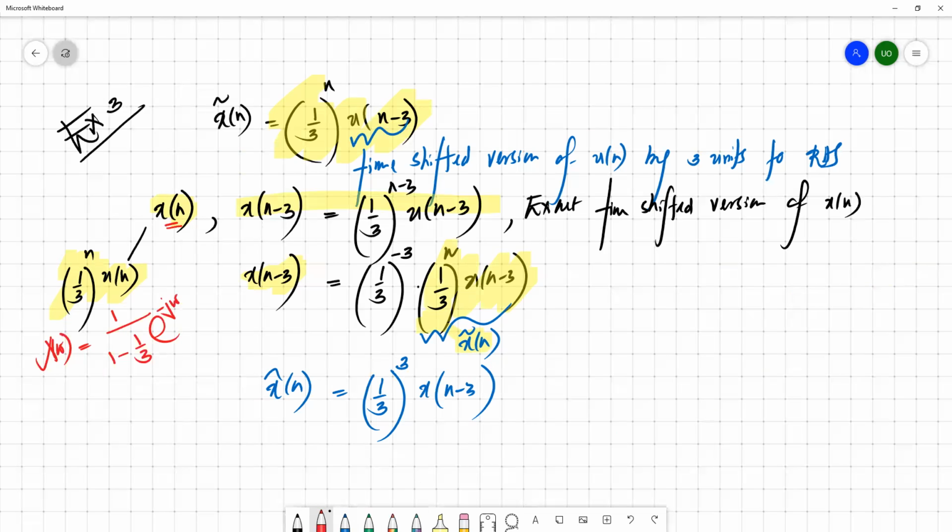You can simply borrow it from the previous example. Previously we had (1/2)^n u[n]. This time it's (1/3)^n u[n]. So you can just borrow the solution from the previous example.